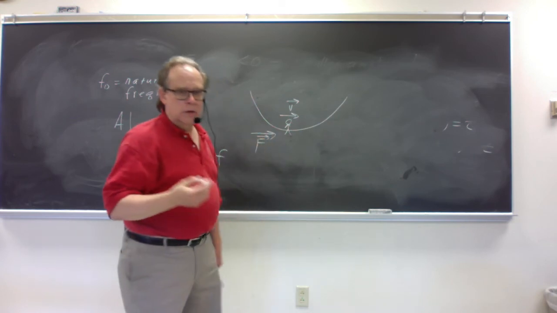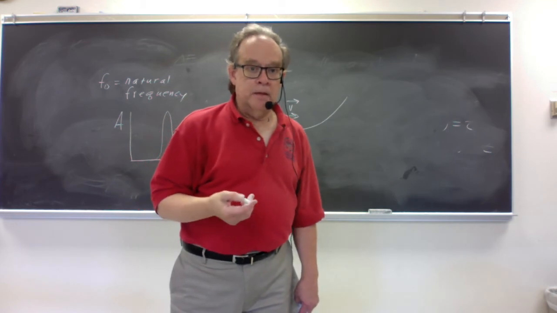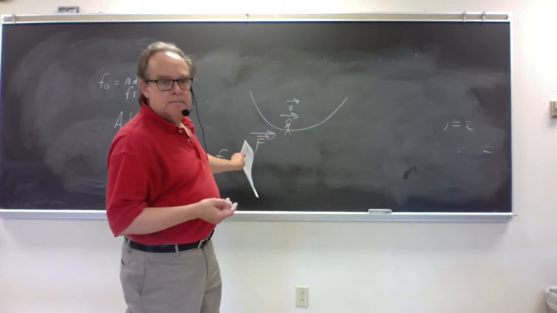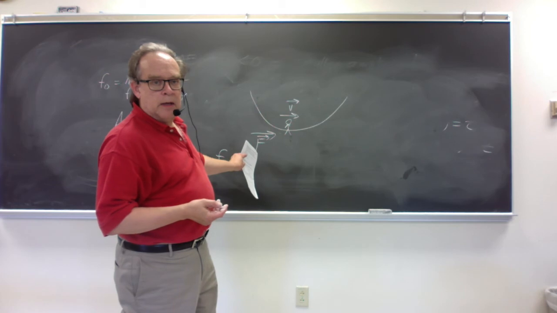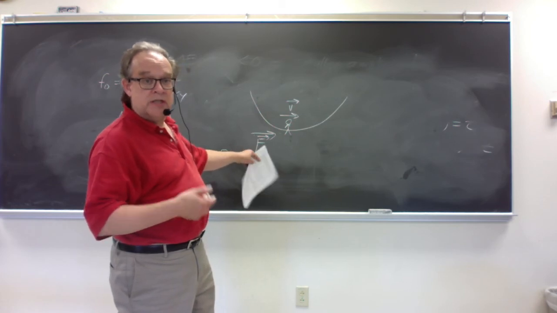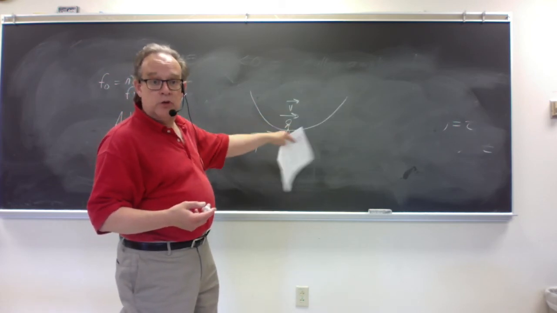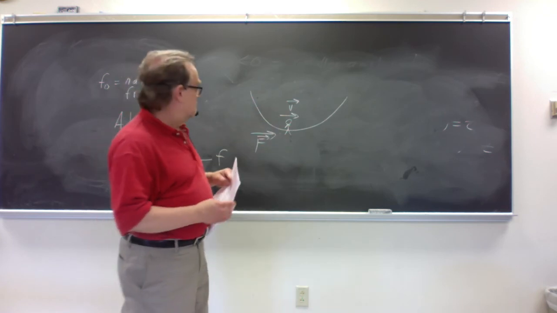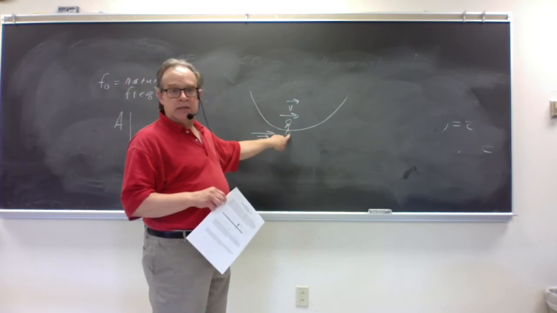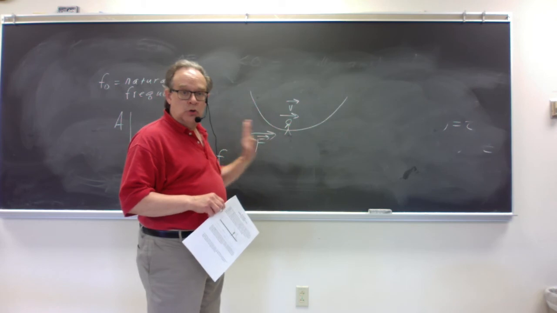Your external force is in that direction. Let's say the frequency of your pushes is the same as the natural frequency. That means every time the kid is in this state, you'll give another push.